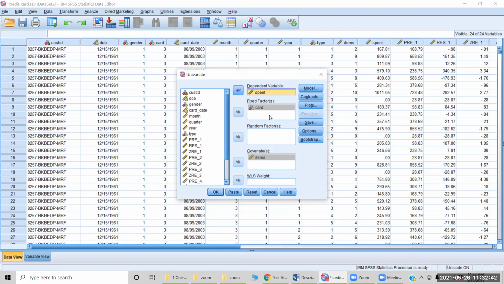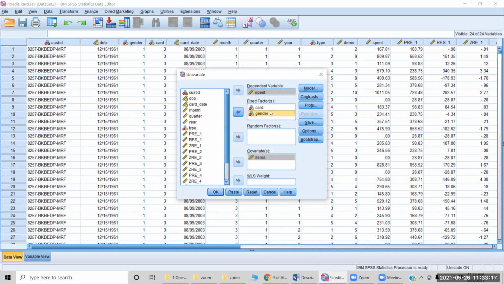But our case in today's lecture is factorial ANCOVA. So for factorial ANCOVA, we need to add one more moderating variable here, gender. Gender has 2 categories. So controlling for the 2 types of gender, what is the extent of the relationship between card and spending, and between number of items and the amount of spending?